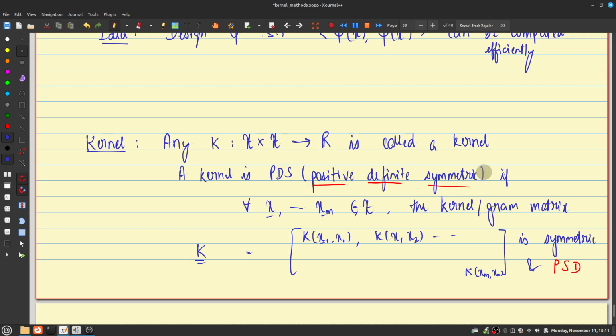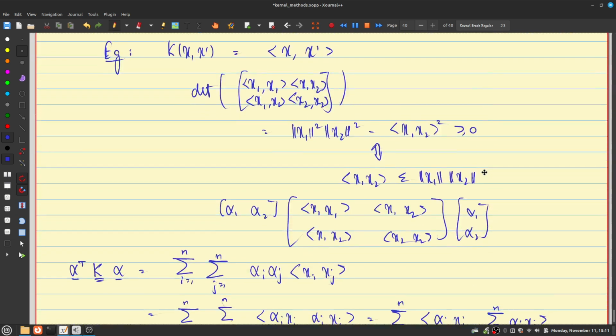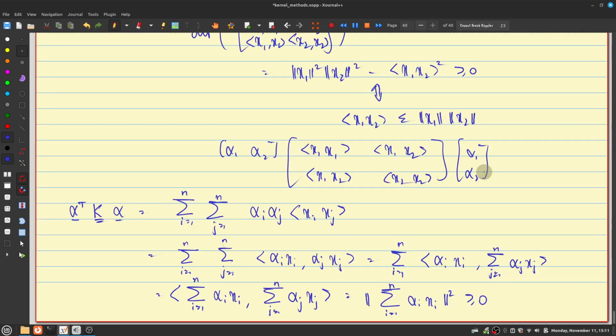Yeah. So it should be true for arbitrary sets. Suppose for m naught we know that if we take any set of vectors, the corresponding Gram matrix is PSD.